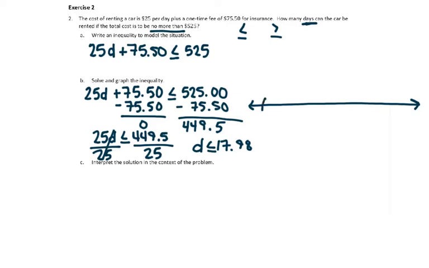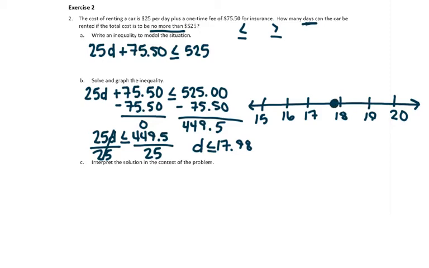So remember, we can start our graph anywhere. So I'm going to start it at 15, 16, 17, 18, and I'm going to go up to 20 on my graph. There's no real good reason for that. It's just what I decided to do. And so right now, since we have less than or equal to, I know that I'm going to use a closed circle. And $17.98 is just less than 18.